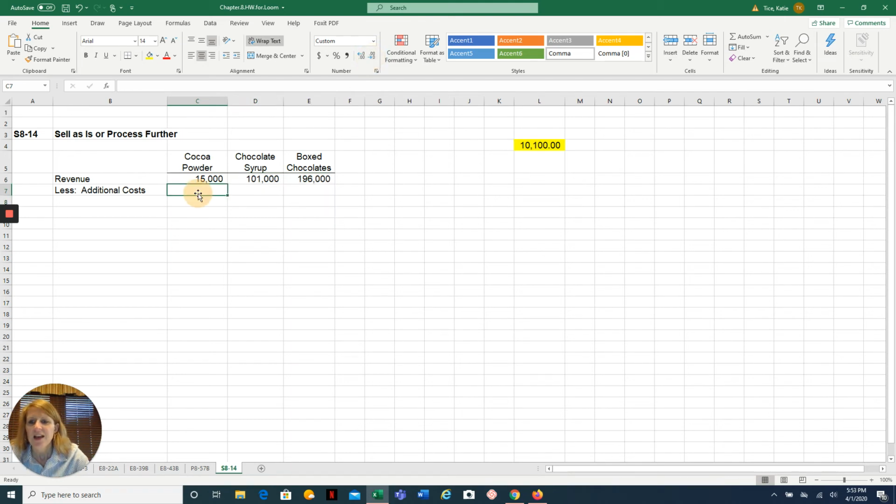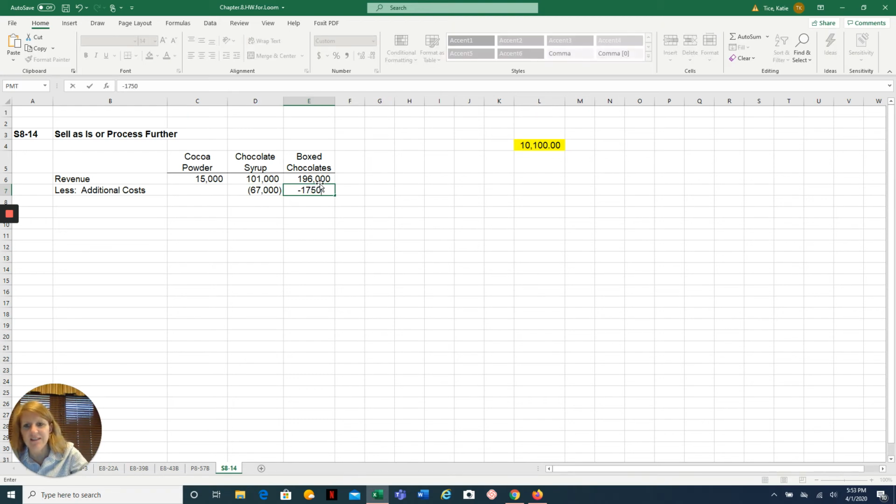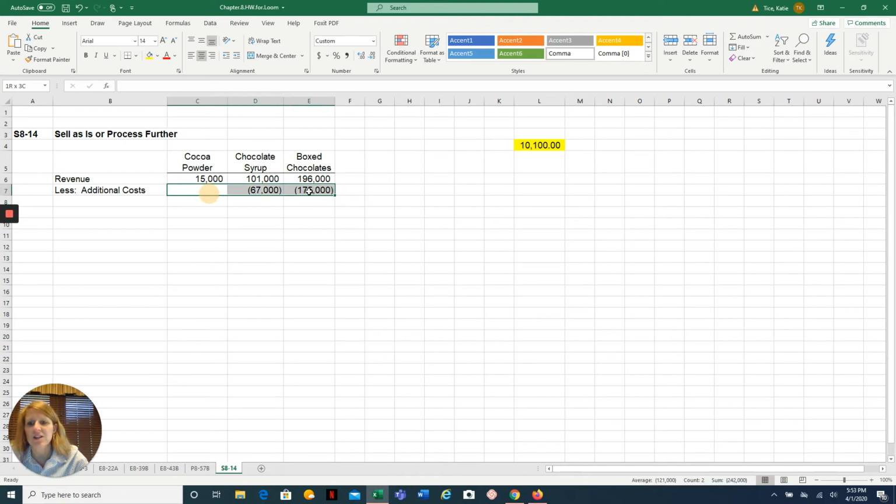Then it says the cost of transforming the cocoa powder into chocolate syrup would be $67,000. So what this is saying is we could sell the chocolate syrup for $101,000, but we would be incurring $67,000 of additional cost. Likewise, the company could incur $175,000 of cost to transform the cocoa powder into boxed assorted chocolates.